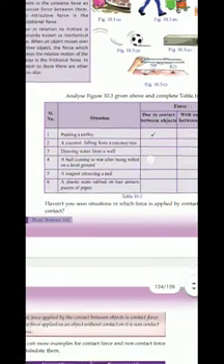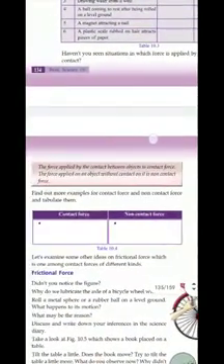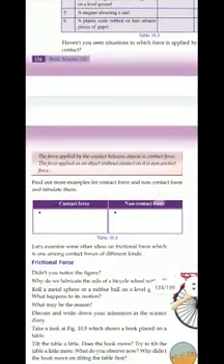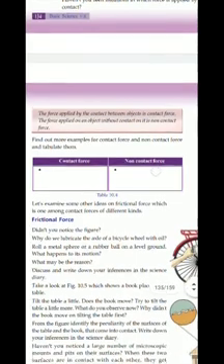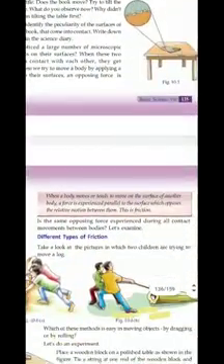The force applied by the contact between objects is contact force. That's what we discussed, isn't it? Frictional force is a contact force.